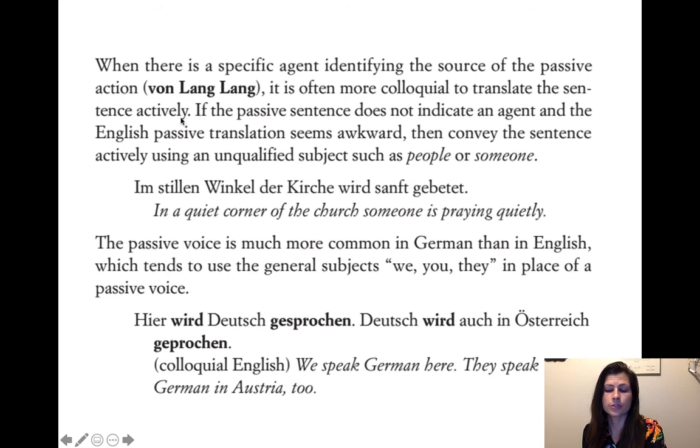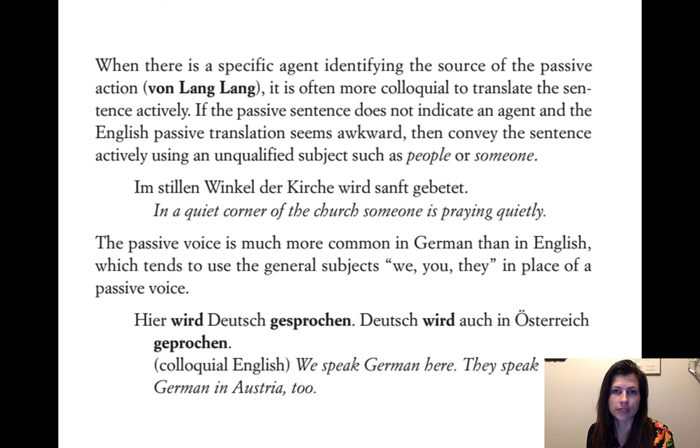Or this evening. So if you do see the agent being mentioned, then it sometimes sounds better to just translate it in the active, because in English, passive sentences are regarded as clunky or awkward. If you're typing on Microsoft Word and you put in a passive sentence, Microsoft Word will try to correct you. So passive sentences have a bad reputation in English, but they don't in German. It totally sounds great, and nobody thinks it's clunky.